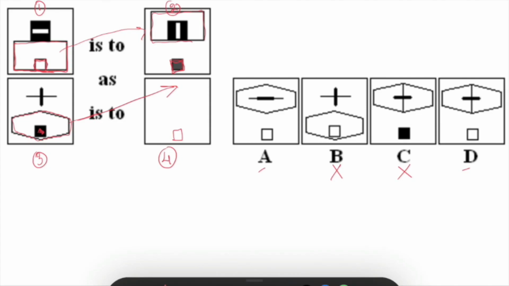Now let's focus on the black box with the horizontal dash. We can figure out that the relation between this shape in patterns 1 and 2 is that it moved either clockwise or anti-clockwise, in a way that changed the dash from a horizontal position to a vertical position.